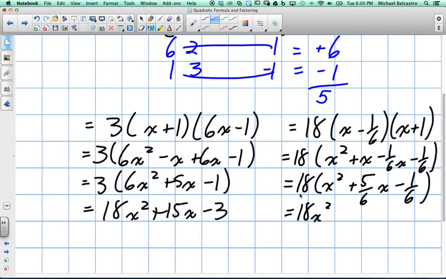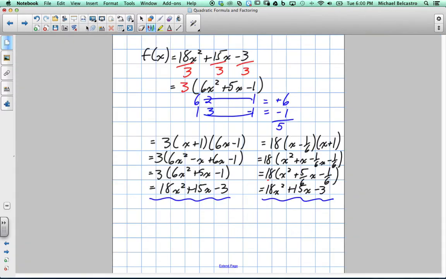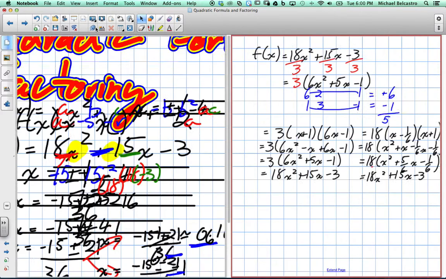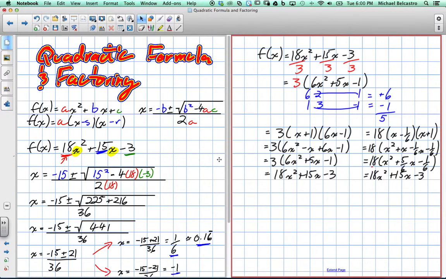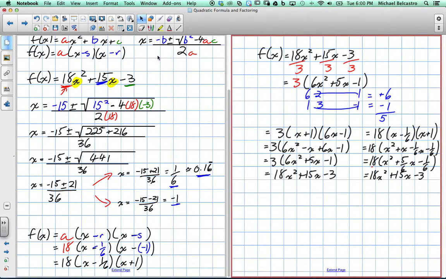Think of this like this: 18 divided by 6 is 3, and 3 times 5 is 15, so plus 15x. And same idea again, 18 divided by 6 is 3, 3 times -1 is -3, and lo and behold, you have the exact same standard form of the equation. Okay, so that just goes to show you that whether you're using the quadratic formula or factoring, you can essentially build the exact same factored form of an equation.